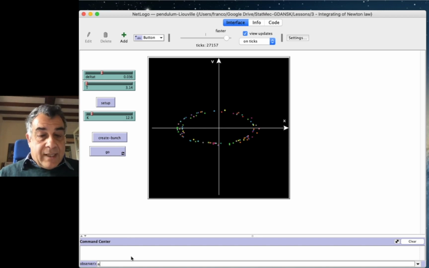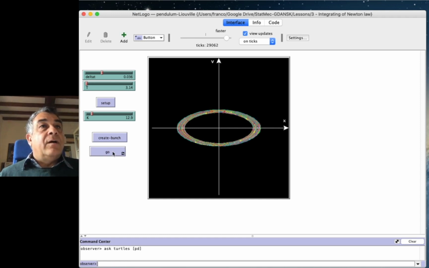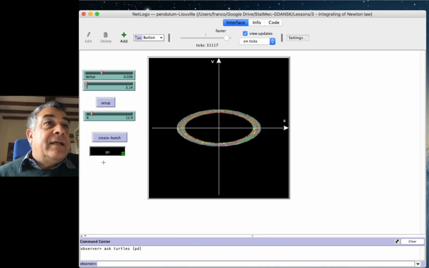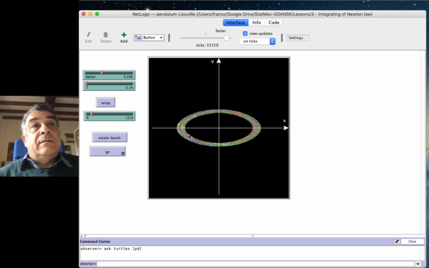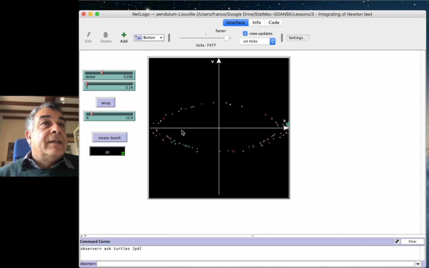and I can also ask turtles to put the pen down, so I can have a look at the trajectory, and you can see that they are distributed on almost all possible energies. I start here again, and I see that some of them have crashed here.